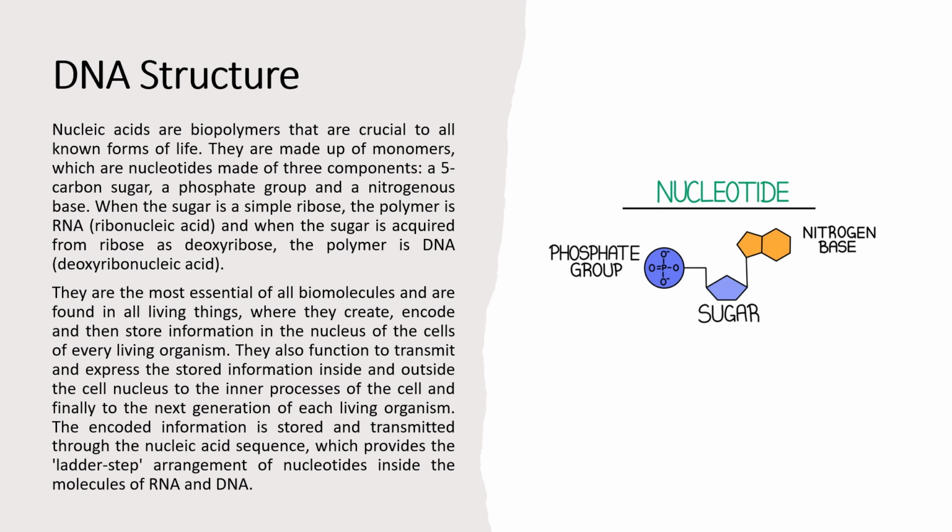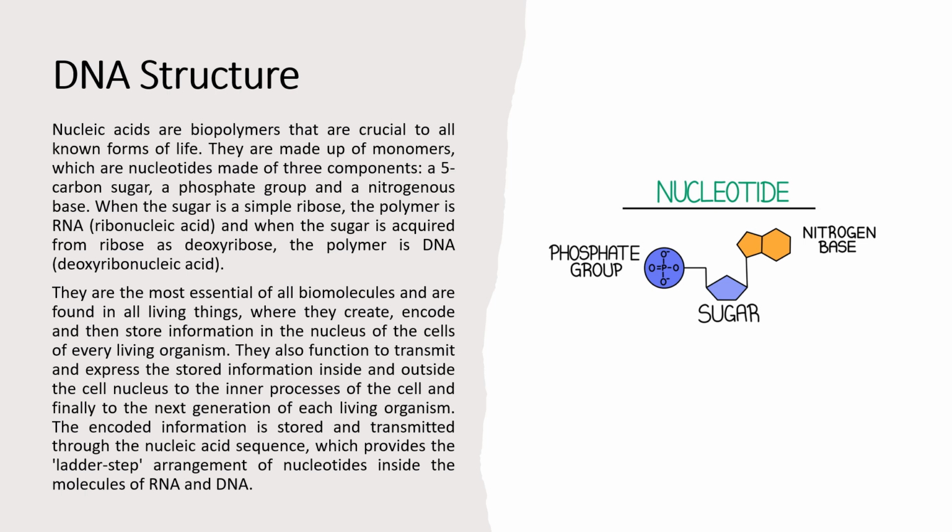Nucleic acids are biopolymers that are crucial to all known forms of life. They are made up of monomers, which are nucleotides made of three components: a 5-carbon sugar, a phosphate group, and a nitrogenous base.